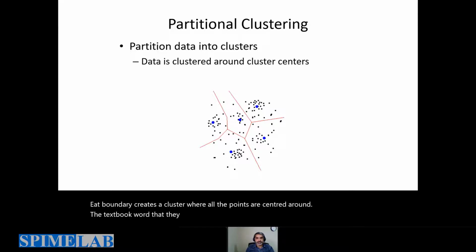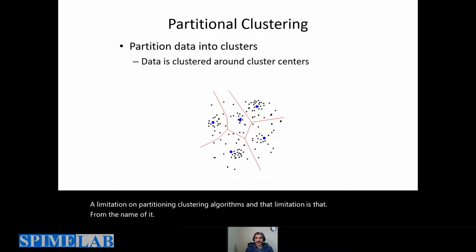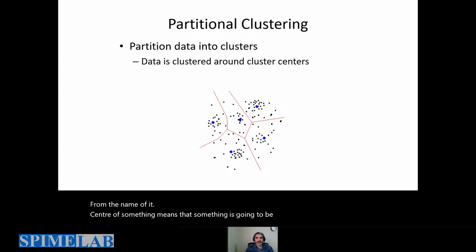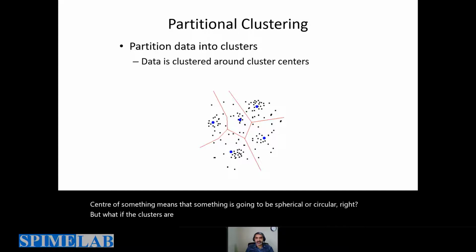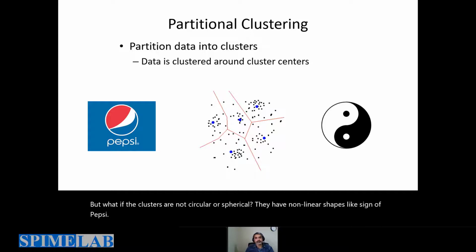The centroids make a limitation on partitional clustering algorithms, and that limitation is that, from the name of it, center of something means that something is going to be spherical or circular, right? But what if the clusters are not circular or spherical? They have nonlinear shapes like the sign of Pepsi or yin yang.